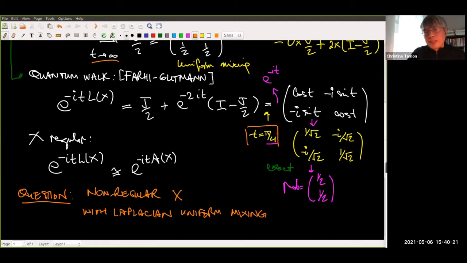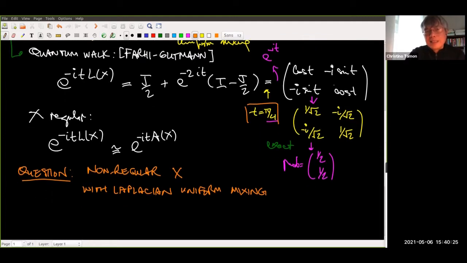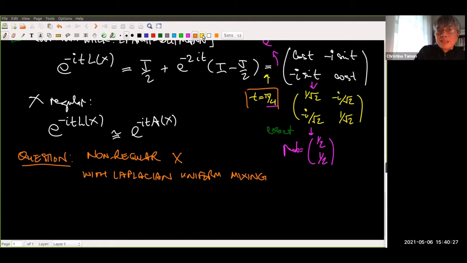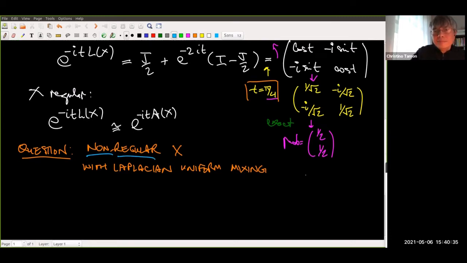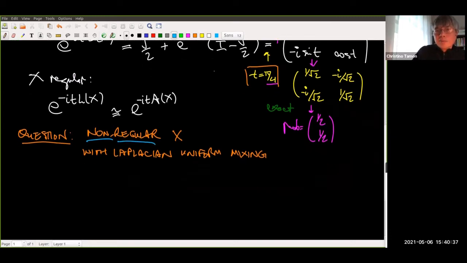So this example we had seen, it's K2, which is regular. So that's not interesting. So what about non-regular? Actually, we want a family. So we want an infinite family.